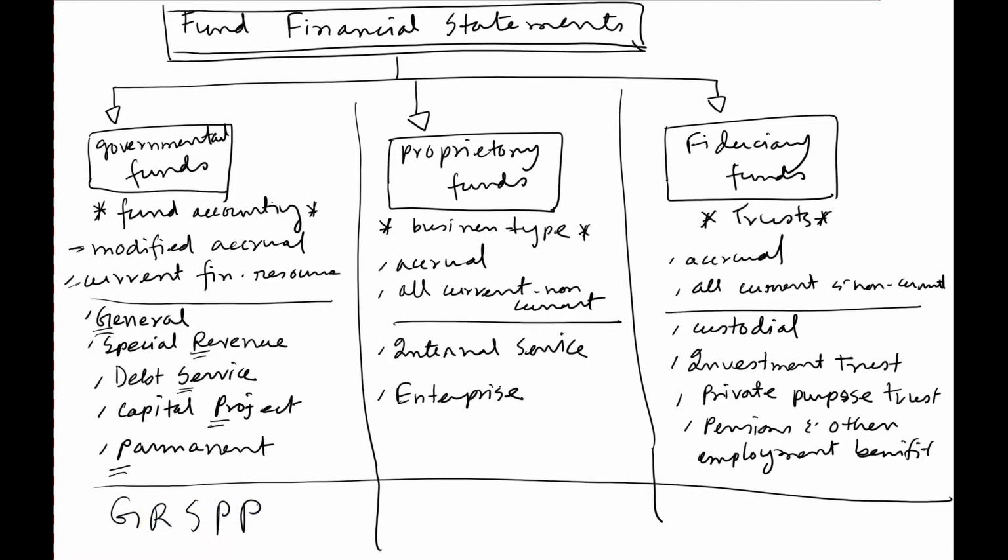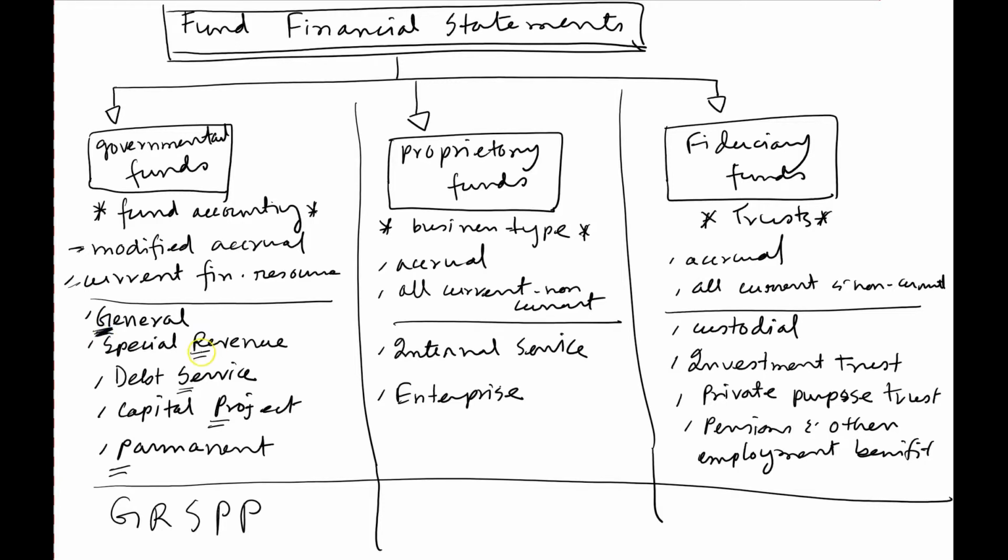G stands for general fund. So basically that covers and focuses on regular government operations, and those are financed by taxes or other types of general revenues and all other transactions that are not in any other funds. That is the general fund for G.